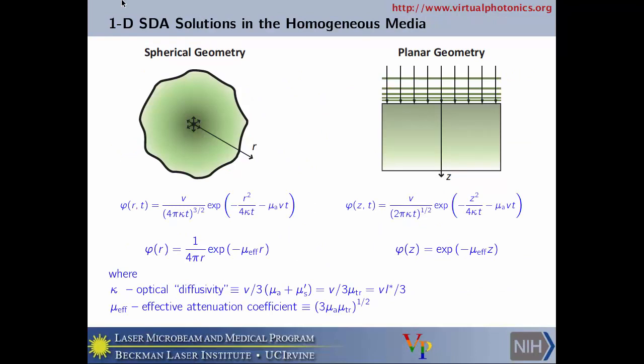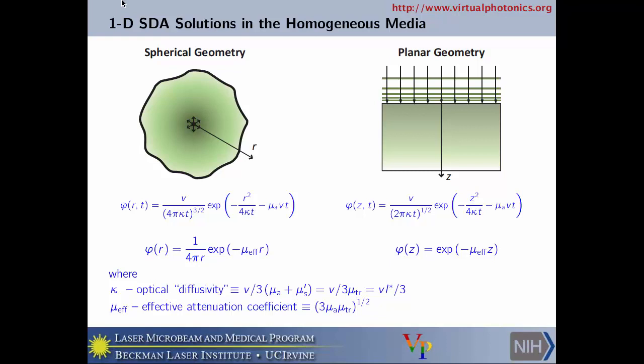One thing I just wanted to put up here for your reference is that there are solutions for very simple geometries that are present in the literature and that I've made available here. So if you have an isotropic source and a spherical geometry, you have fluence rate as a function of space and time. And if you integrate that first equation over all time, you get a solution for a steady source.